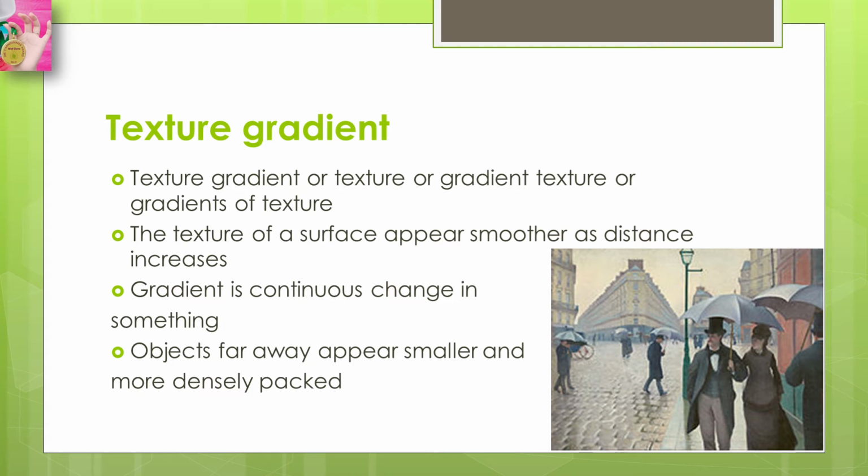Now, texture gradient is the monocular cue provided by proximity to an object. Now, the closer one is to something, the more detail or texture one can see.